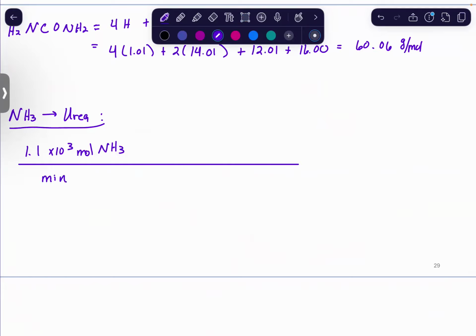And you see it's 2 moles of ammonia for every 1 mole of urea. So that's 2 moles NH3, 1 mole of urea.